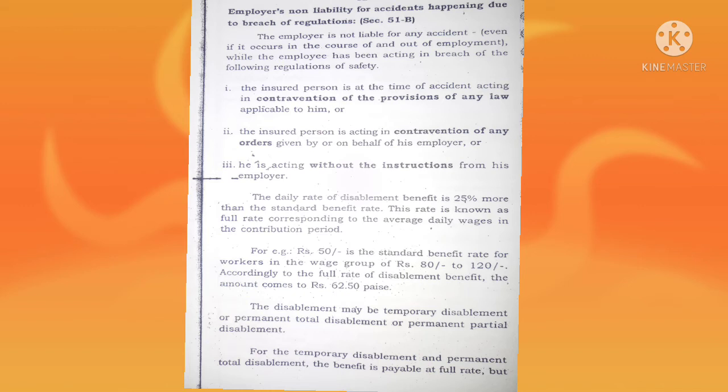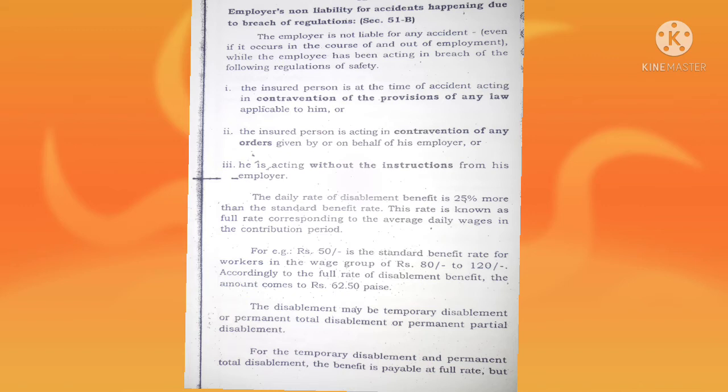The insured person, at the time of accident, is acting in contravention of the provisions of any law applicable to him, or is acting in contravention of any orders given by or on behalf of his employer, or is acting without instruction from his employer.